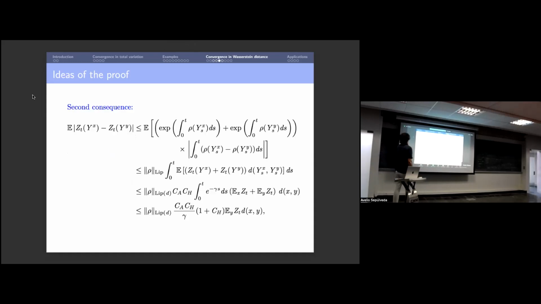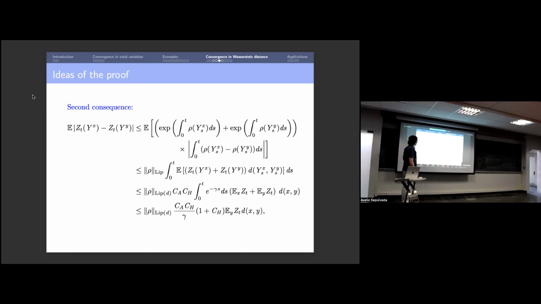One of the important points that you can then deduce is the following: if you compare the penalized survival started from x and started from y, you can prove that it's uniformly bounded by a constant times the distance between x and y, and also times the probability of survival starting from one of the two points.